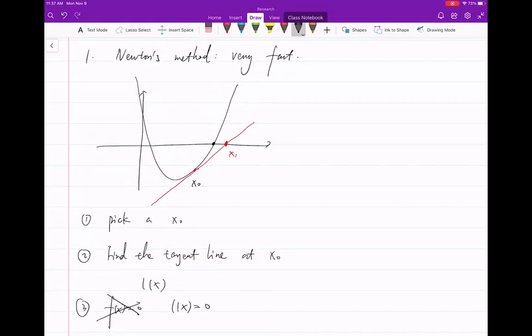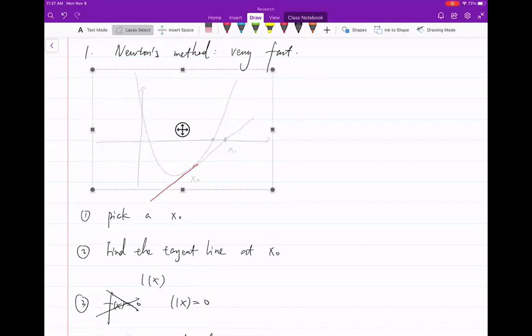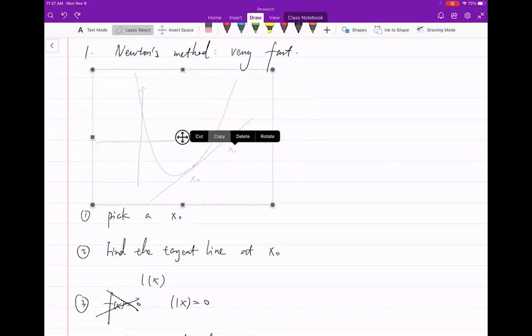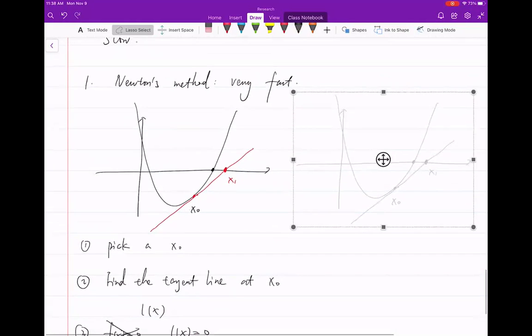Sounds good? Now what I'm going to do is I'm going to repeat this process. The only difference is I won't start from x0 anymore. I start from what I just find. What am I going to do?